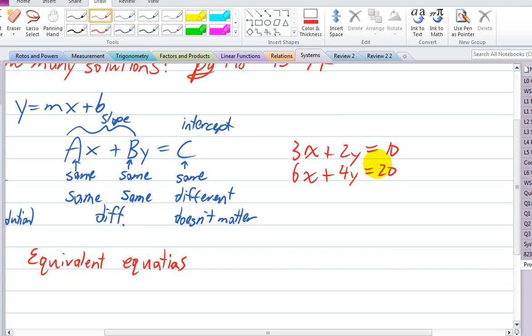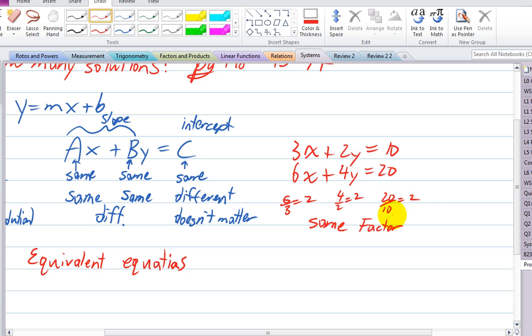Now, assume we had harder questions. You would quickly go 6 divided by 3 equals 2, 4 divided by 2 equals 2, and 20 divided by 10 equals 2. So now you'll know that they've increased by the same factor. Right? And that can help you say, hey, they are the same equations. This is the same line. They're all increased by the same factor.